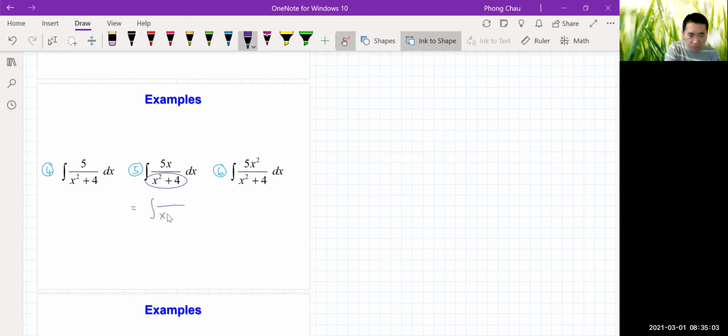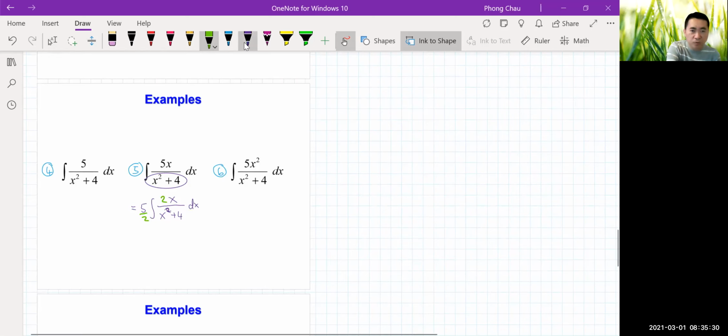When you have an extra constant, you always take that out to make things easy. So you take the 5 out here, and you still have an x inside. This is x squared. I need 2x. Standard technique: times 2 divided by 2.